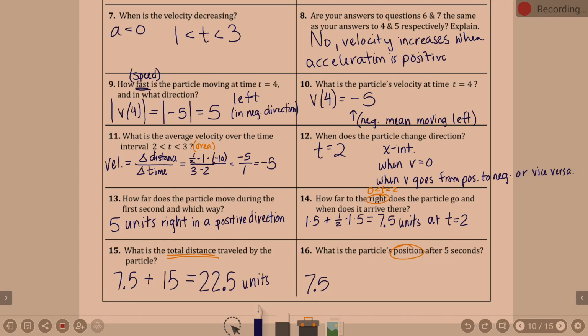Then my velocity was negative, so now I pushed back 15 to the left. 7.5 minus 15 is -7.5, which you shouldn't give an answer of -7.5. What's that negative mean? Left. So it's 7.5 units to the left.